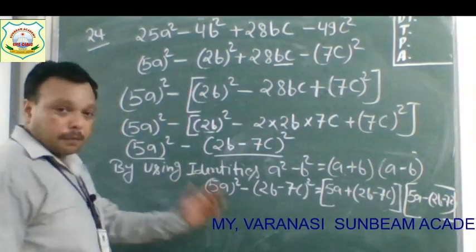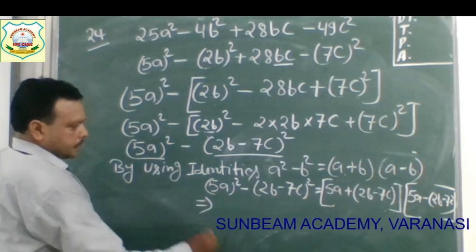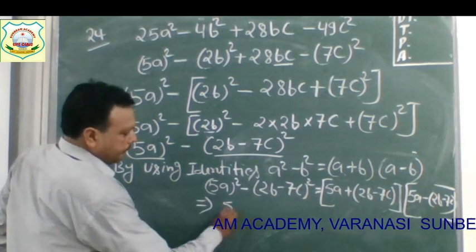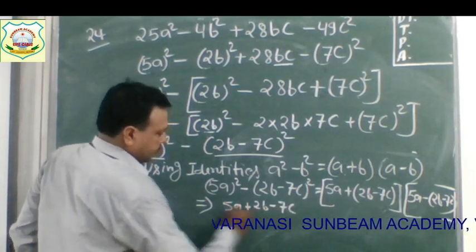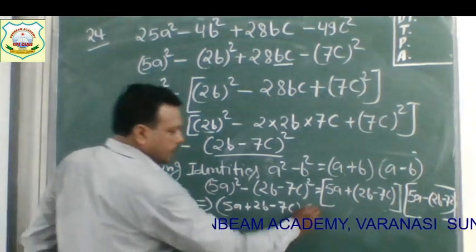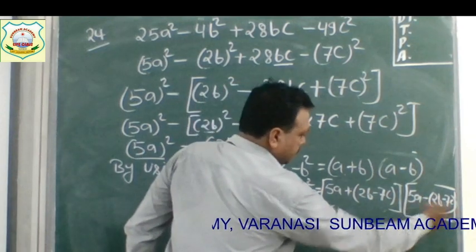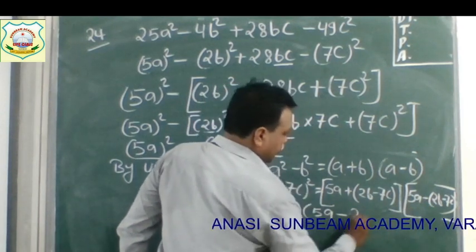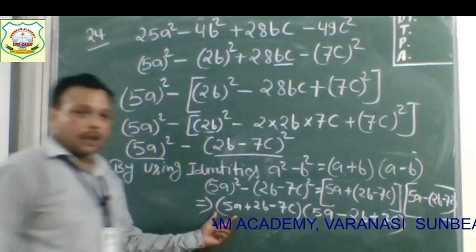Now, when you open the bracket here, what will we get? 5a plus 2b minus 7c. The sign will not change because there is a plus sign. And here, 5a minus is here, so the sign will change: 2b plus 7c. It will be your answer, students.